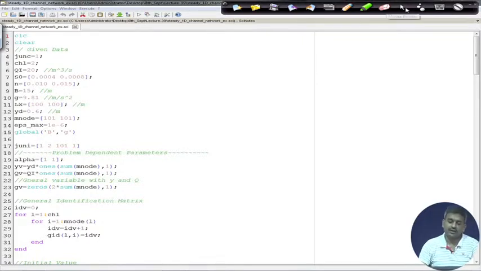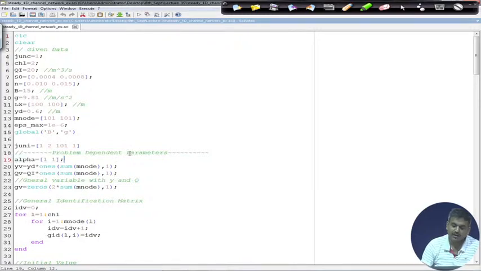So, in this case I have defined alpha first. Alpha is 1 for both the channels. Now, I have defined this YV, which is the variable, and I should consider all the nodes and assign this initial value YD into 1's for sum m nodes.